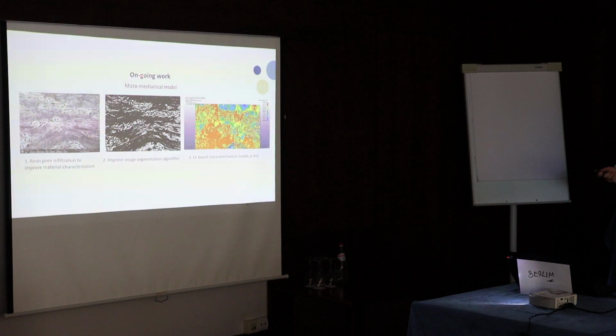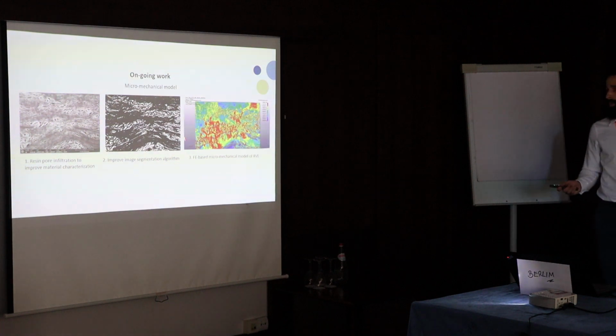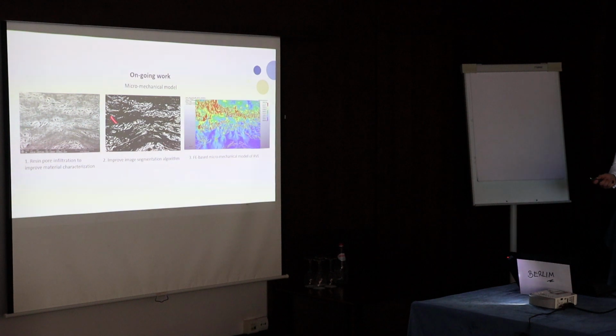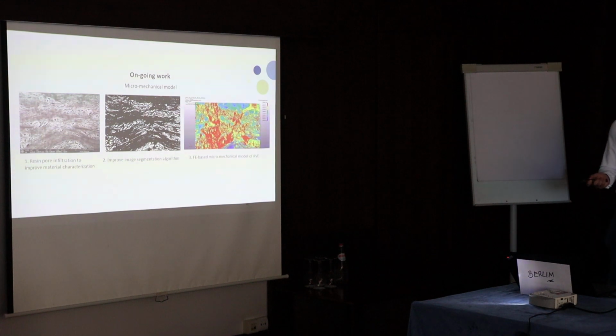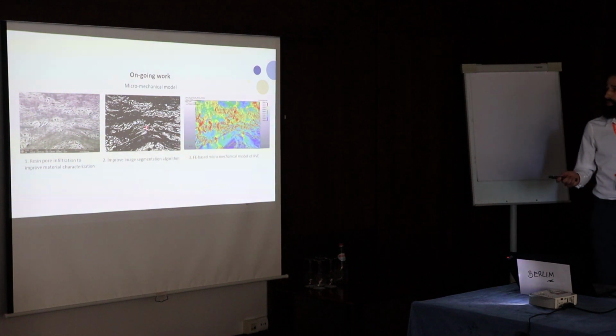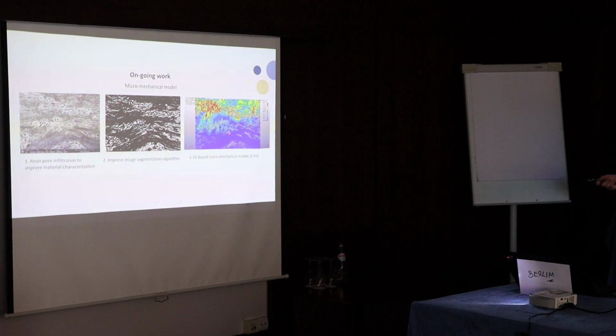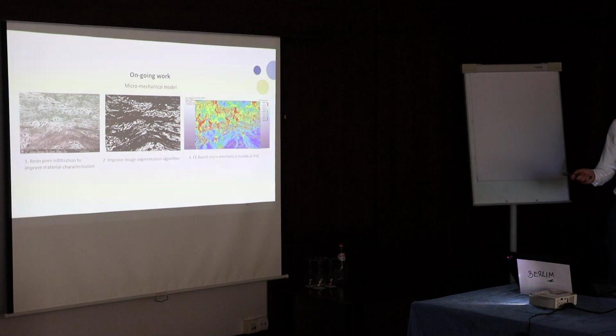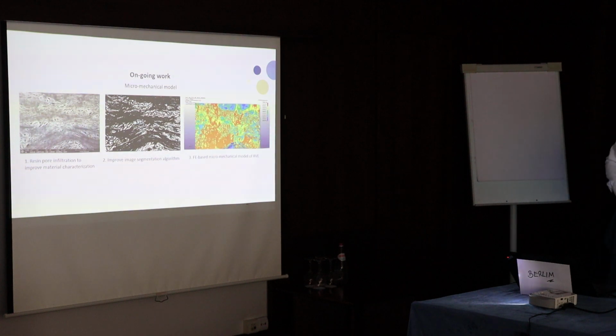This would help a lot for the segmentation algorithm, which again can be improved a lot, because the best thing would be to have an accurate description of the geometry that can be directly exported to the finite element software, so that we have a representative volume element that can be tested. Here you can see a first attempt showing the stress. I reused simple polycrystalline graphite material properties in this case, but it is still work in progress.